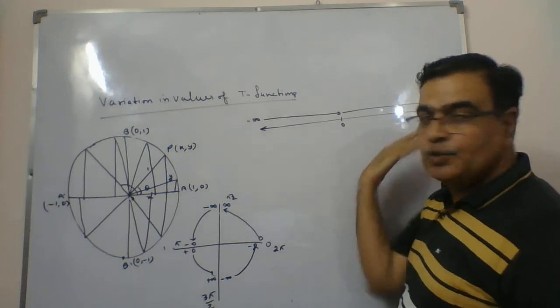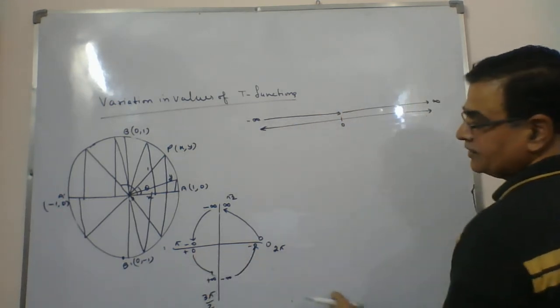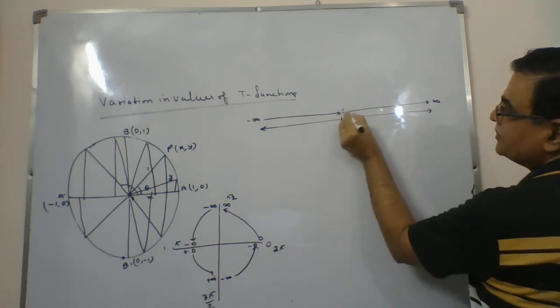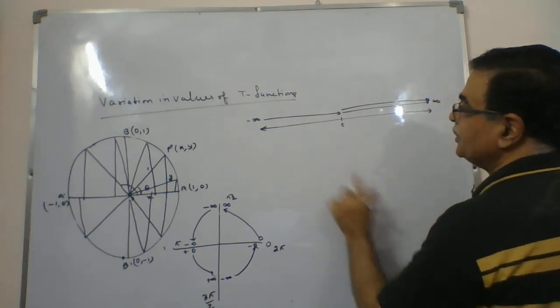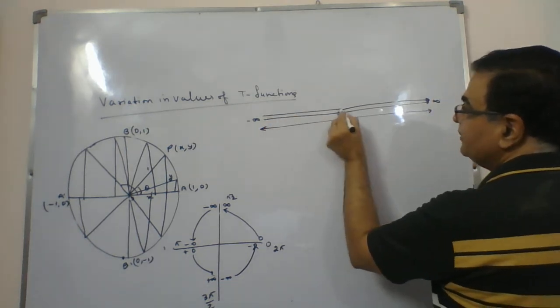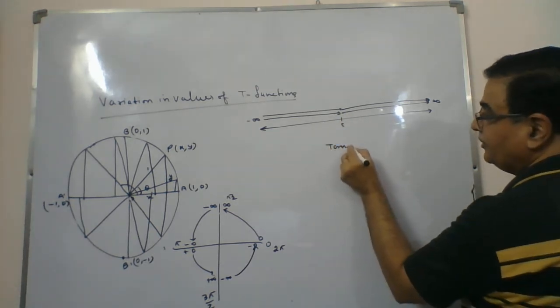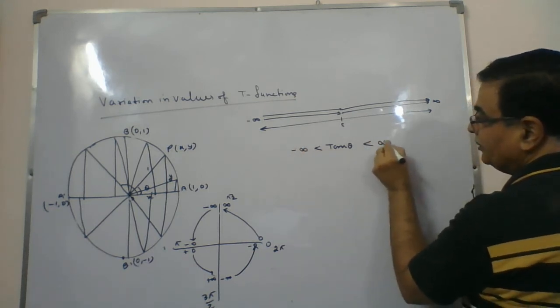Smaller value and it is going towards 0. So negative side it is coming. Then plus 0 it will start and go to infinity. Plus 0 means 0 is here and plus 0 is this side and going towards infinity. And then minus infinity to 0. Again it will start from minus infinity to 0. So where does tan theta go now? Tan theta always takes values between minus infinity to infinity.